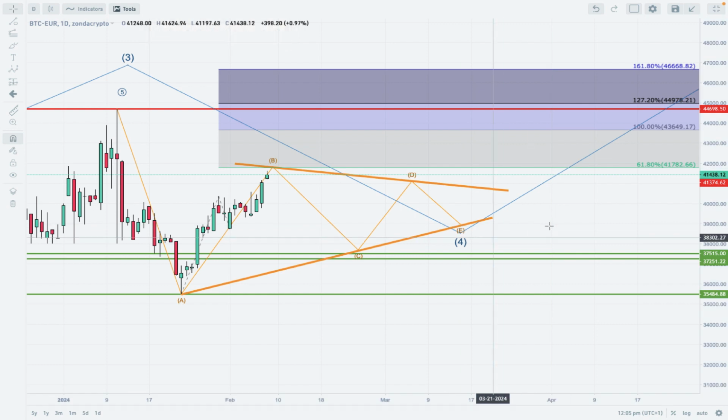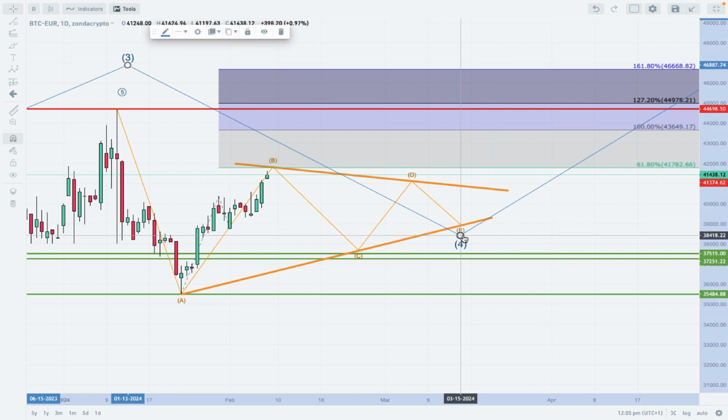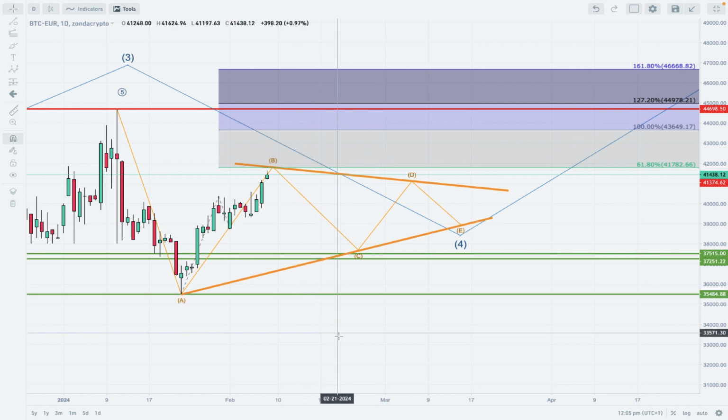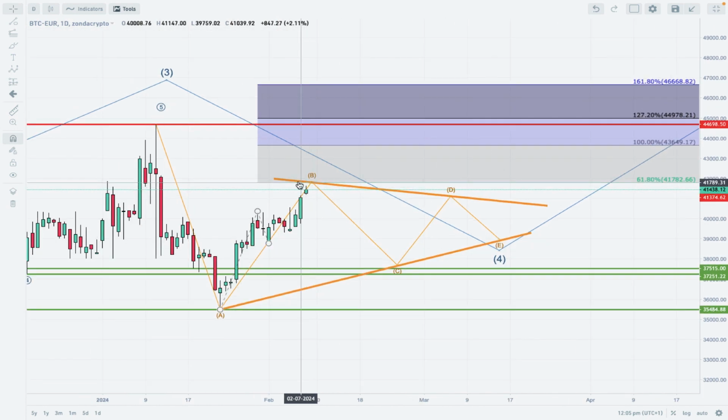And of course, in that situation, our wave 4 will be completed when the wave E is completed, and we are ready for another wave to the upside. However, for now, we are still developing the wave B. Targets are here, 100%, 61%. It depends on the situation with the internal wave progression.